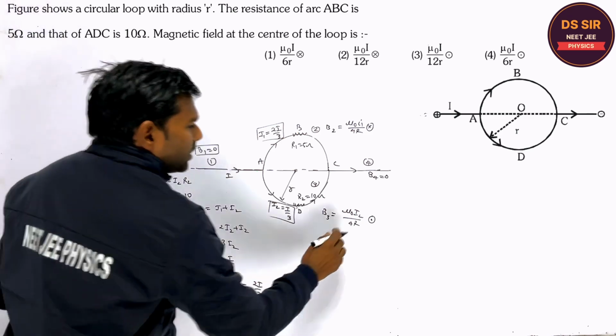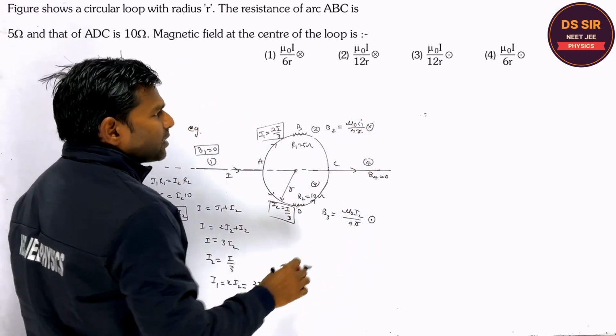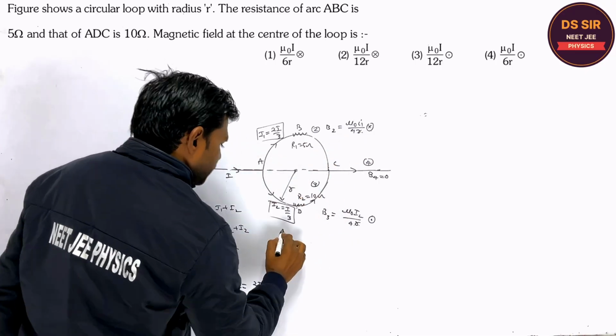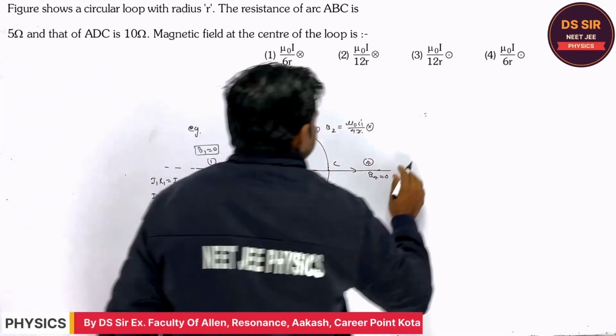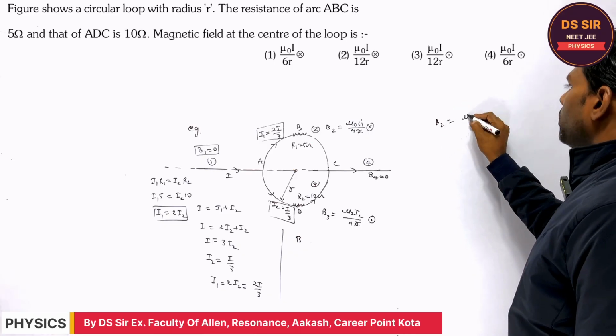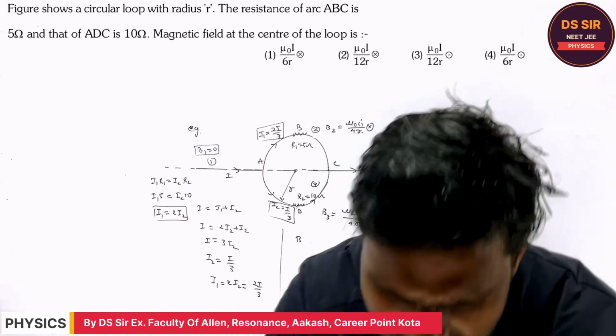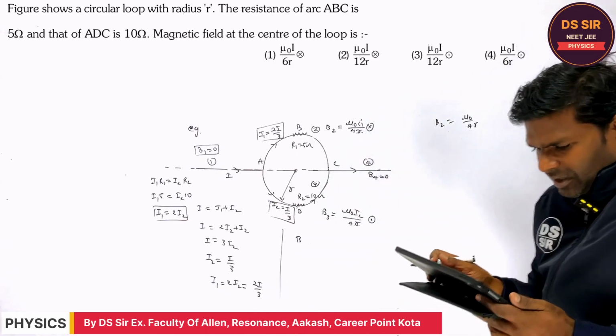I am writing the radius as small r here. B2 is mu naught I1 upon 4R. What are they asking?